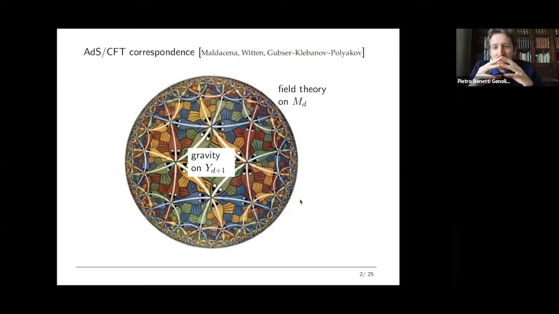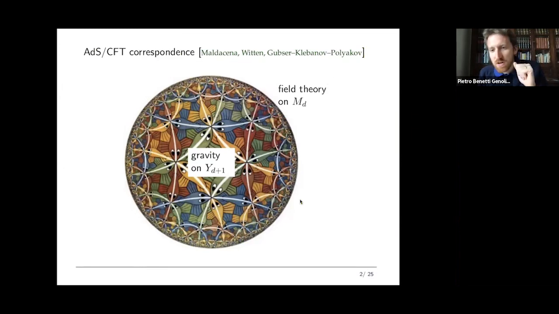It says that there is a description of quantum gravity in certain spaces that is given purely in terms of a quantum field theory. In particular, if you have an asymptotically locally AdS space in Lorentzian signature, and you consider quantum gravity on it, this will be equal to the field theory on a space that is conformal to the boundary.